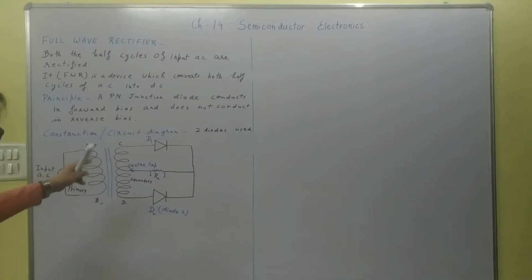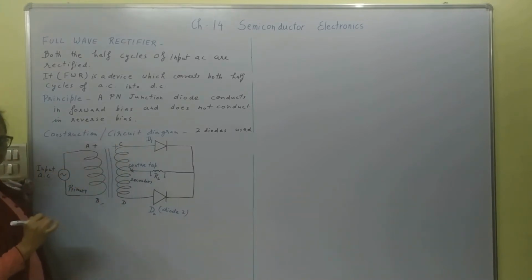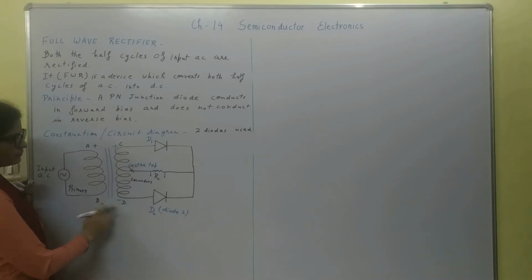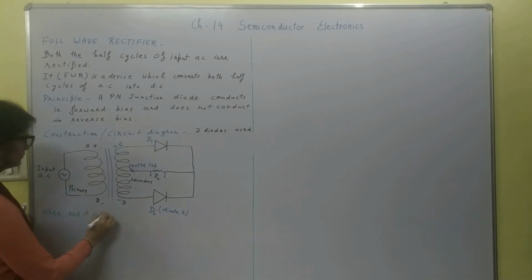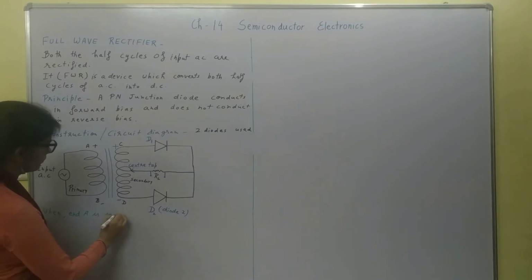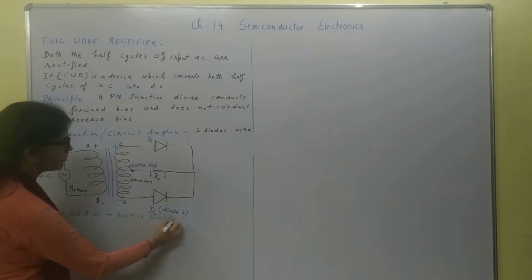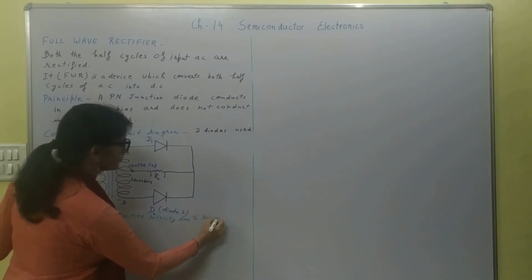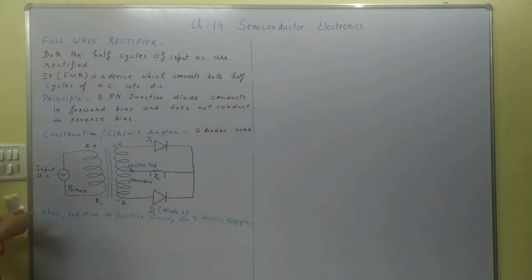Since this coil is mutually inductively coupled, C will also behave with positive polarity, and D will be negative because it is inductively coupled to B. So when A is in positive polarity due to the positive half cycle of AC, C is also positive.